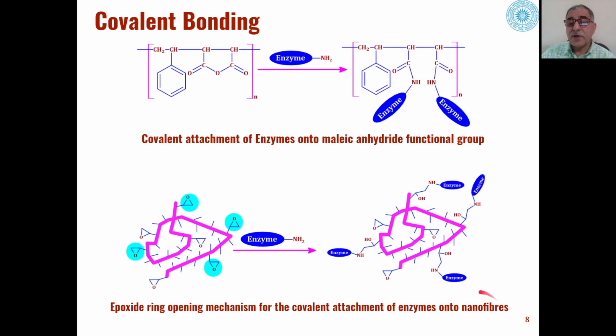Similarly, nanofibers which are having epoxide rings present on the nanofiber can react with enzyme molecules to form the covalent attachment of enzyme onto these nanofibers, and this is again an immobilized enzyme where the covalent attachment of the enzyme has taken place with the support.